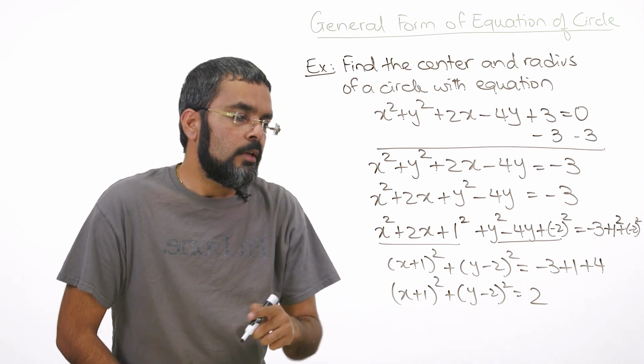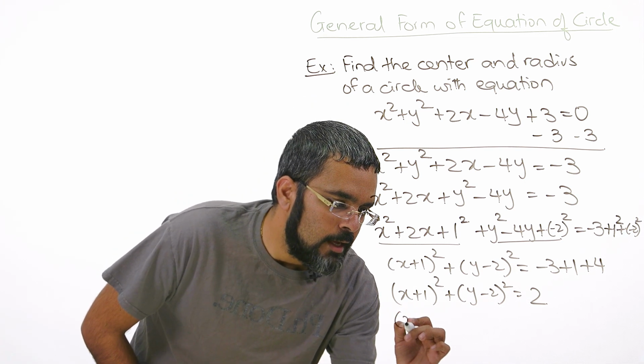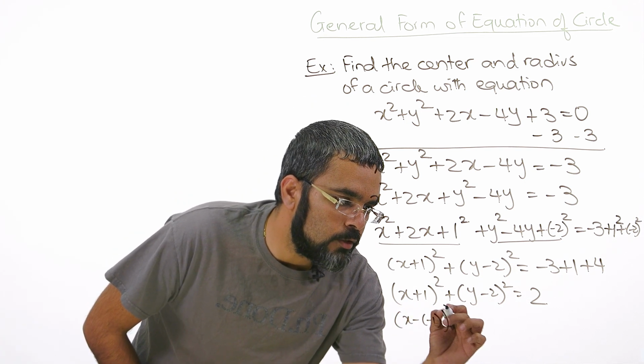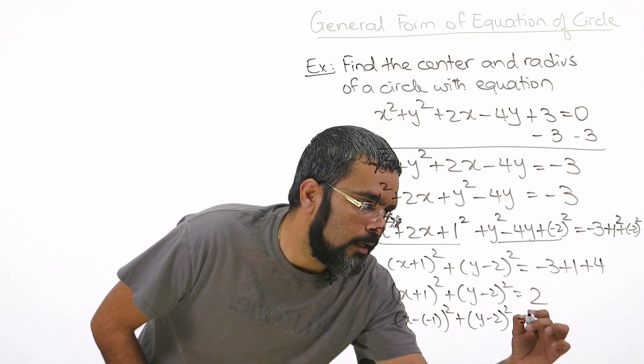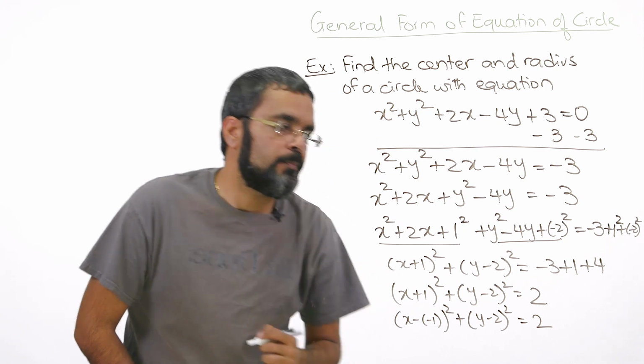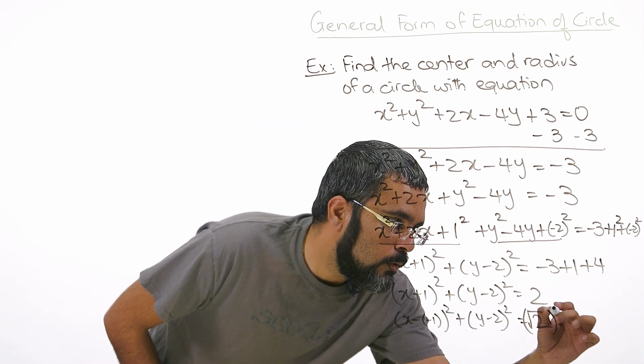Now, if you remember what our equation was, it was x minus h. So I'm going to write the plus as x minus negative 1 squared plus y minus 2 squared equals 2. Or I can rewrite this 2 as square root of 2 squared.